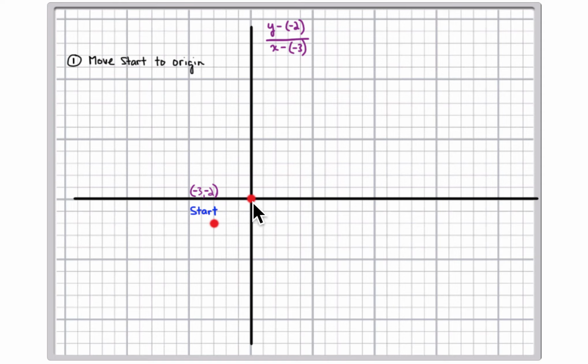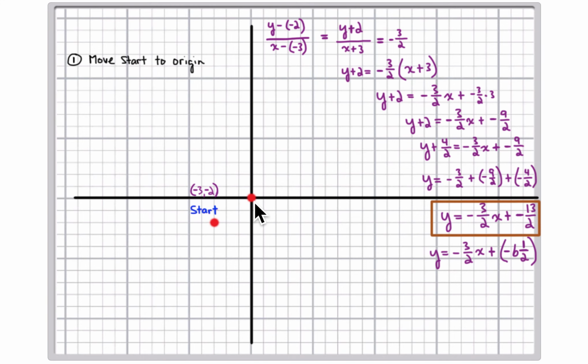So you're going to add 3 this way to get to the origin. Okay, the next thing I'm going to do is from the origin, I'm going to place a point in each direction using the slope. Oh, I'm sorry. Here's working through that equation. I'm not going to go through this step by step, but I would encourage you to do that, and you'll see that it's not that bad. I changed everything to halves. So here's 2. I changed 2 to 4 halves.